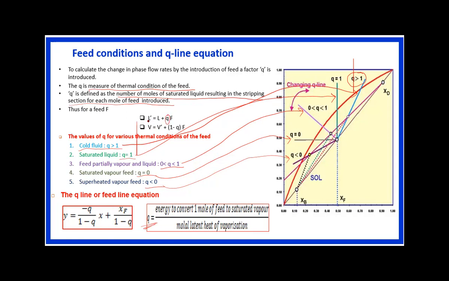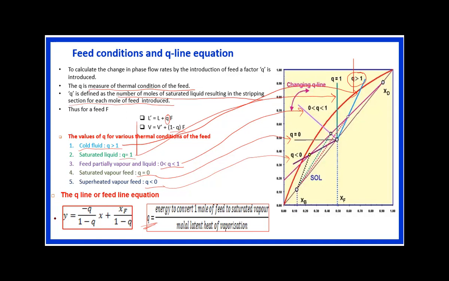For the liquid flow rate, L dash is equal to L plus qF, as q is the measure of thermal condition of the feed, so it is multiplied by capital F, right? And for the vapors it is 1 minus q, because some of the thermal energy is already utilized by the liquid, so the remaining one is 1 minus q. These equations can be utilized to derive the feed line equation or q line equation.